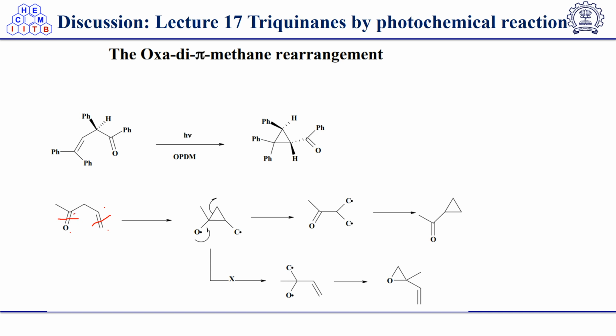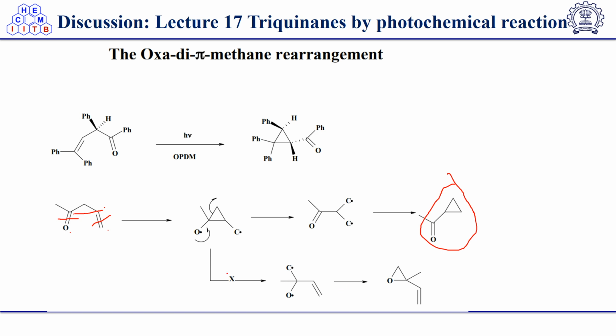So these two radicals will combine, resulting in the formation of a cyclopropane ring, and this radical will go back as a ketone, and then this bond will be cleaving, resulting in one radical over here and one radical over here. That will give this corresponding compound, the oxa-di-pi-methane rearrangement.